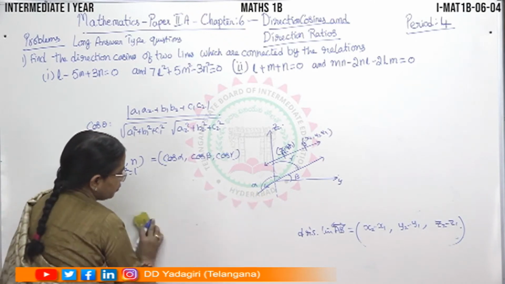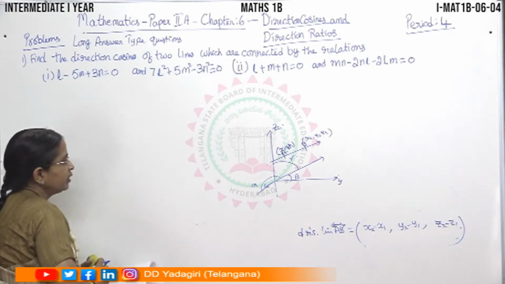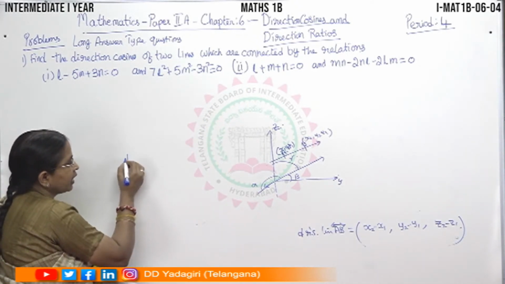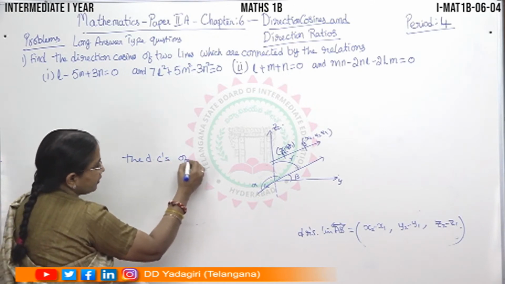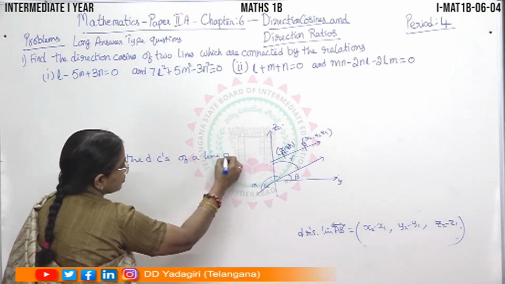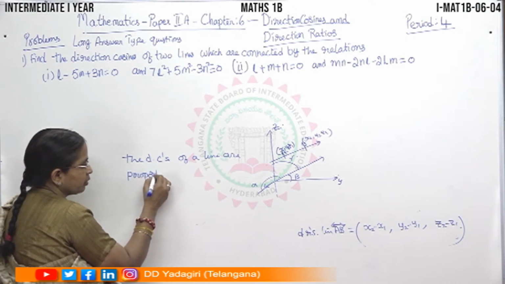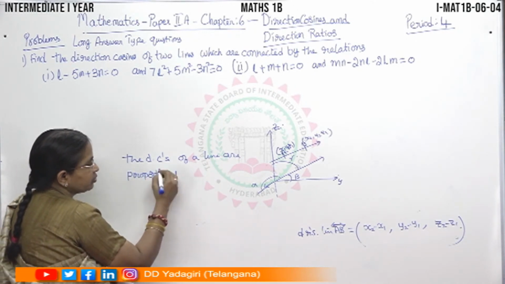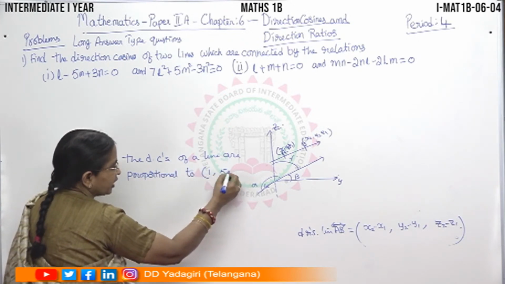And then we solved one problem in the last class, where it is given that the direction cosines of a line are proportional to 1, 5, minus 3.